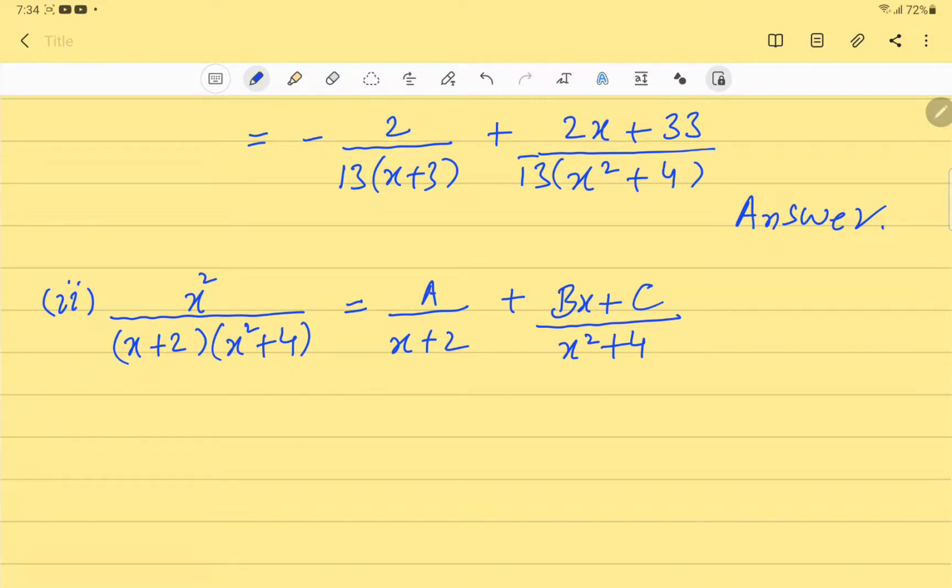Now we multiply both sides by x plus 2 into x squared plus 4.